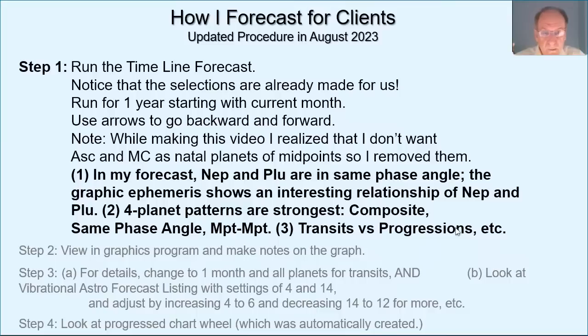I'm going to talk about transits versus progressions, and also how I take the notes. This is the important part that I mentioned at the introduction to this. The preparation. So I'm talking about how we interpret and everything. Then I'm going to show you how I take notes and I'm ready for my client. I'm going to do all that in the next video, and then there'll probably be even one more after that.